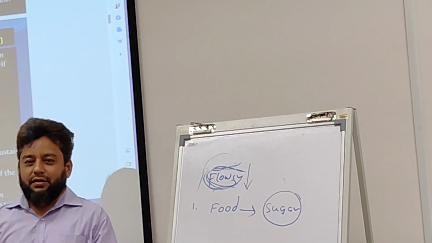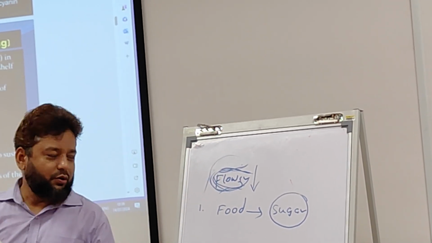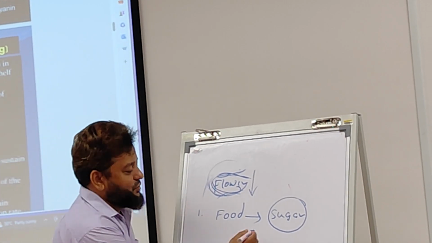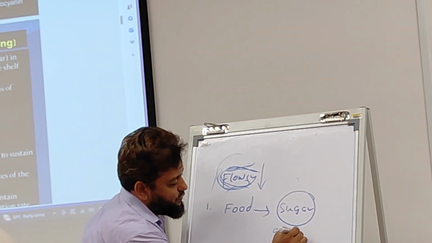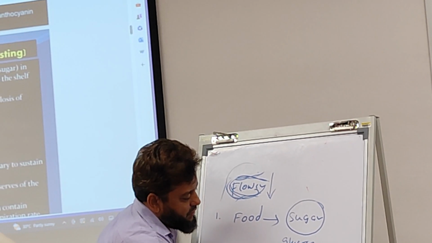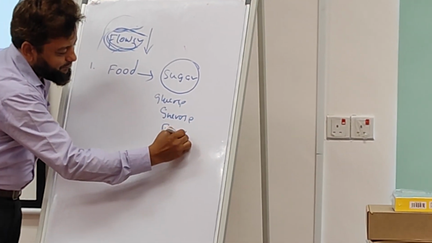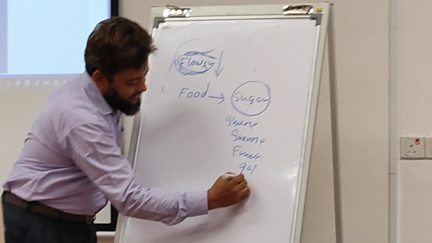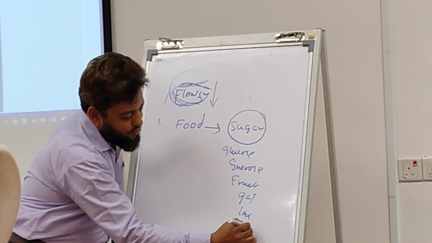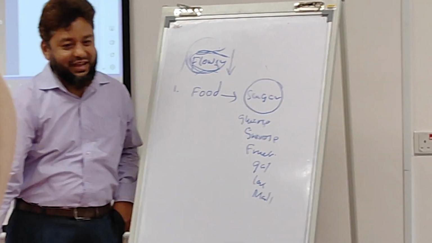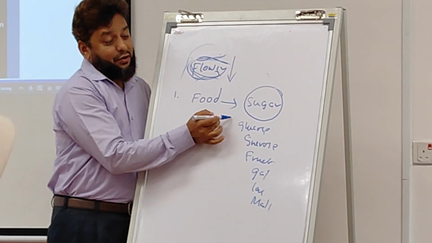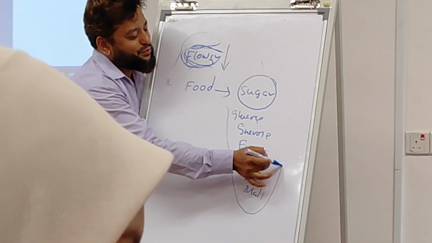Glucose, then fructose. We know about glucose and also sucrose, then fructose, and also maltose. So we can see there are so many types of sugar.